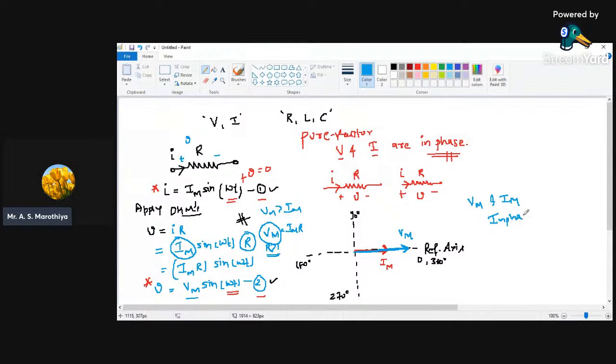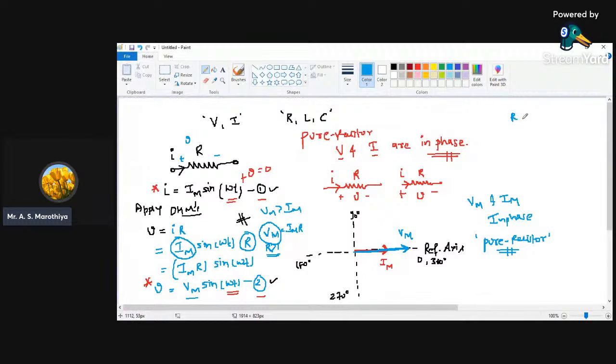This is very important, and this is the case for pure resistor only. So in this way we can draw the phasor diagram for pure resistor. Now why are we learning this? The thing is that we want to draw the phasor diagram for any electrical circuit, and I told you that as far as electrical engineering domains are concerned, most of the electrical circuits are made up of 3 fundamental elements.